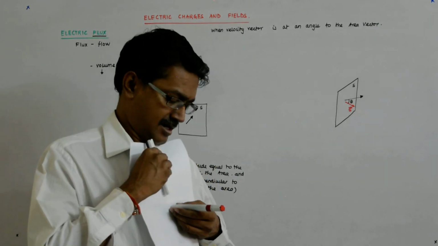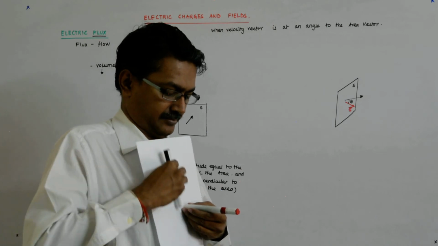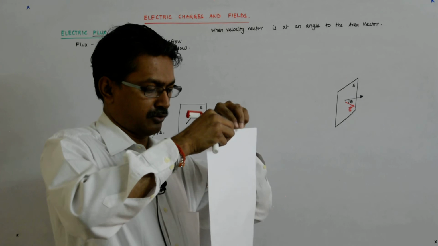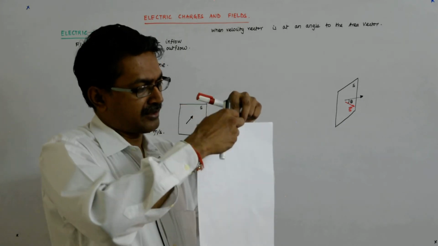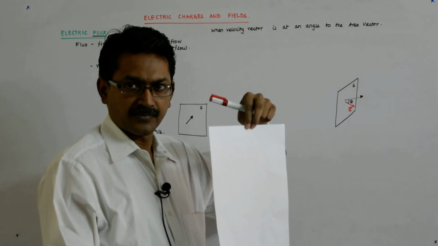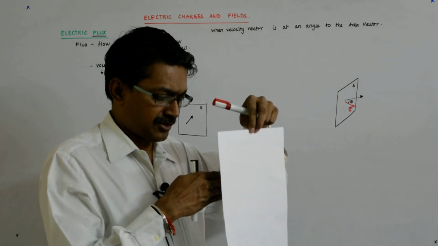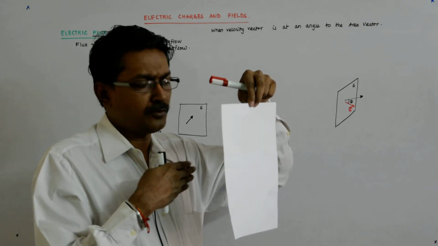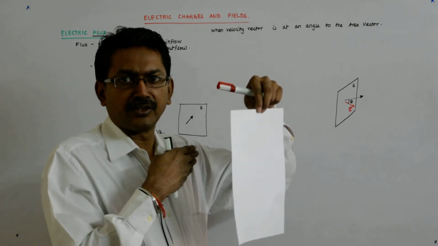Why? Imagine this to be your window, and imagine raindrops falling absolutely parallel to it. So what happens? Nothing comes across this window inside the room, nothing goes across this window outside the room.